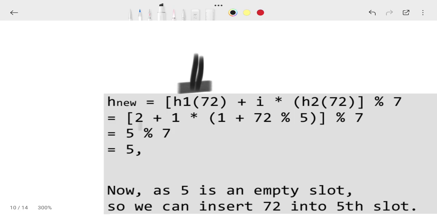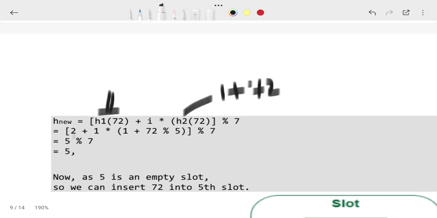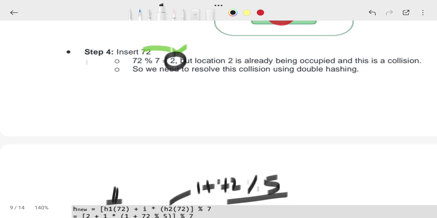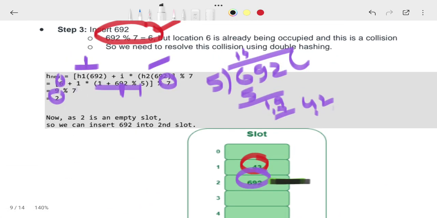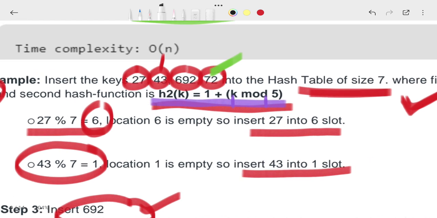Done. Now next, h2(k). What is this? 1 plus the value 72 divided by 5. In the exam, they will give you h2(k) equal to 1 plus k modulo 5.